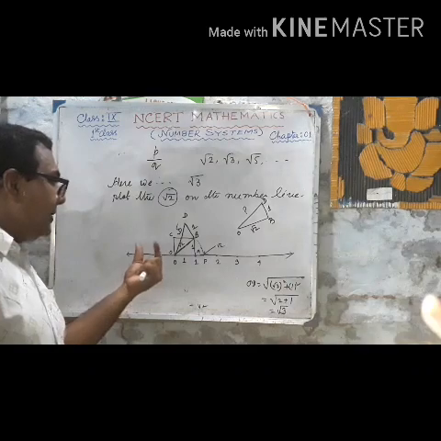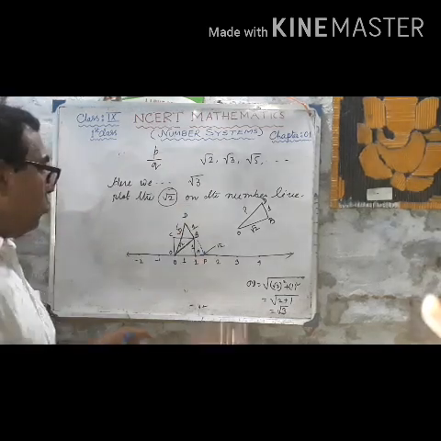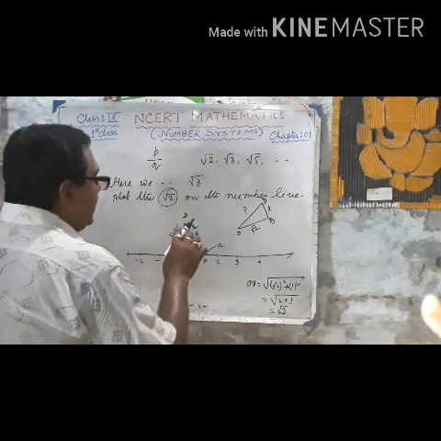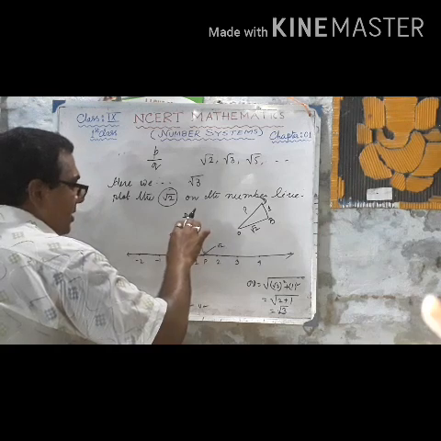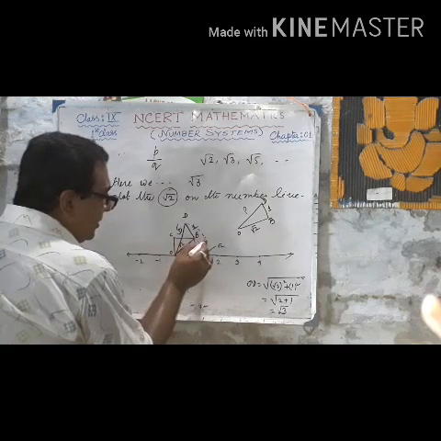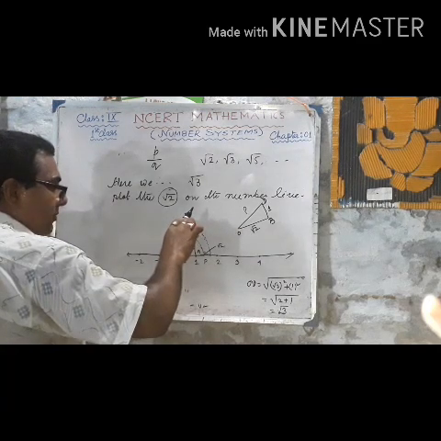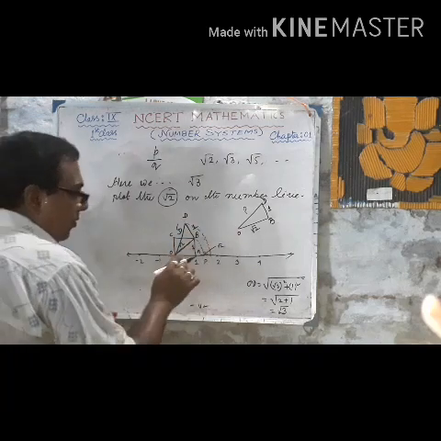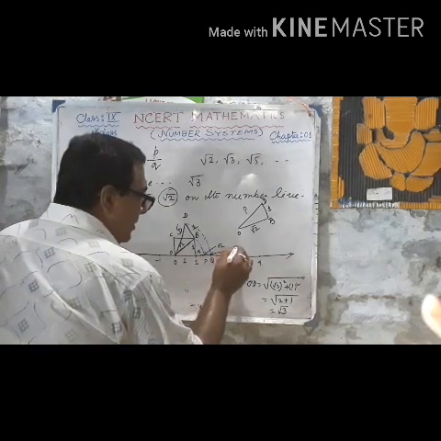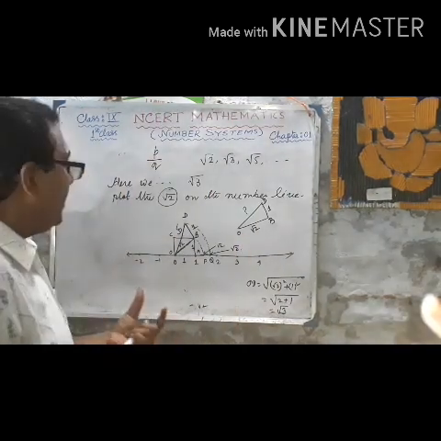Now, taking the point O as center and the radius OD, which is root 3, we draw an arc on the number line in a similar process, and the arc intersects the number line at the point Q. That is, point Q represents root 3.